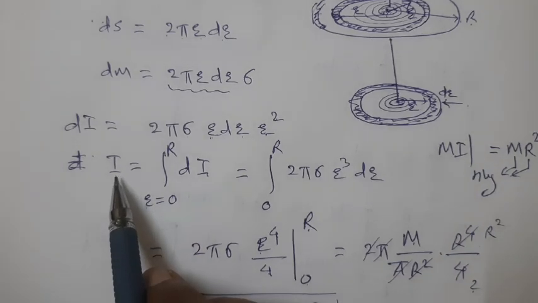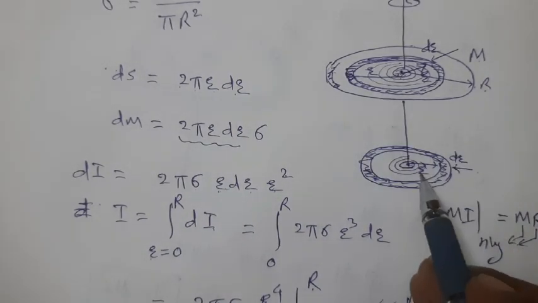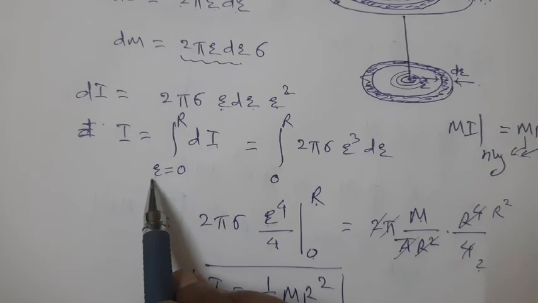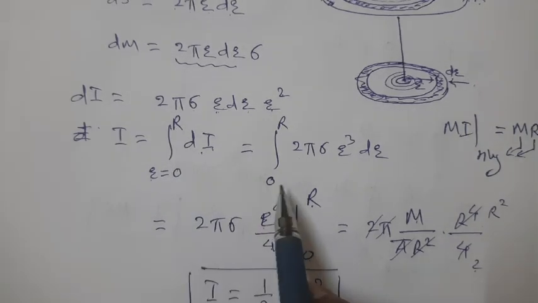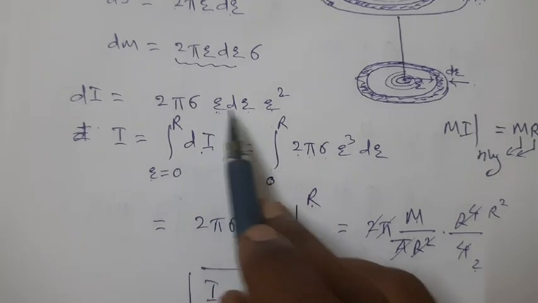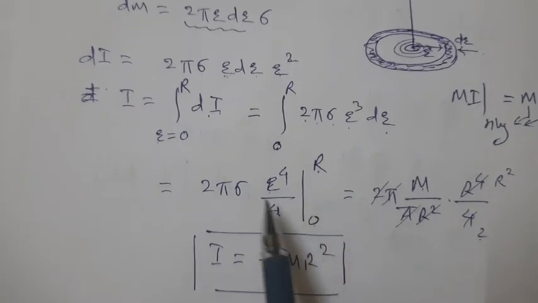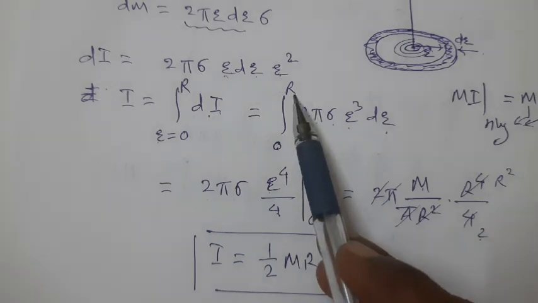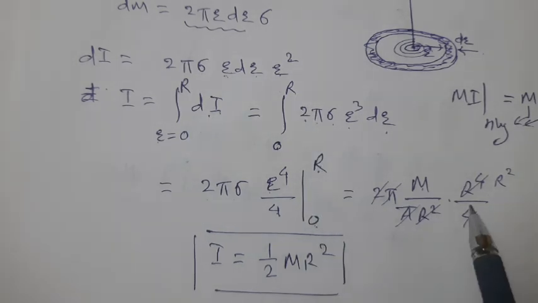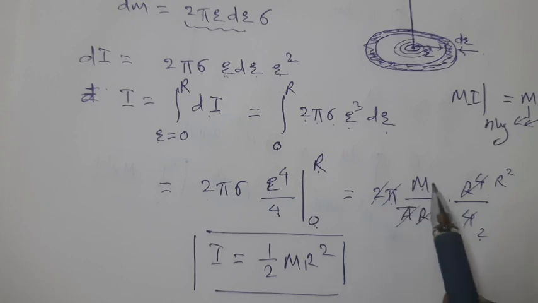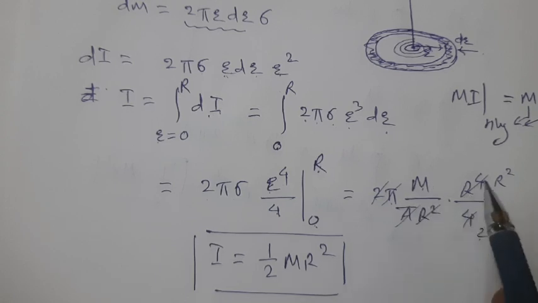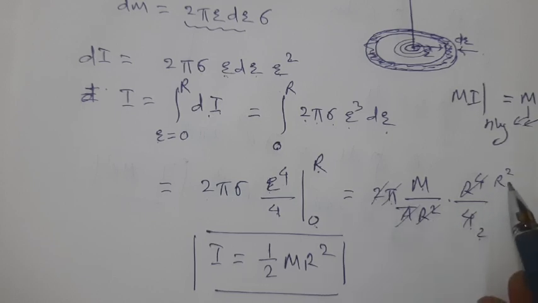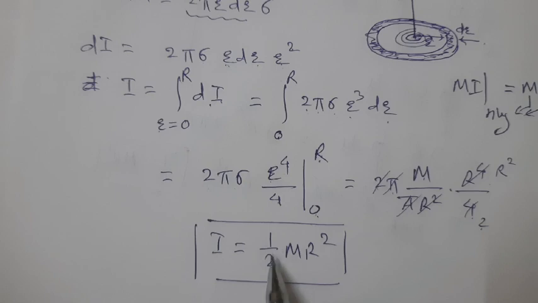To find the moment of inertia of an entire disk, I will have to consider such rings from radius 0 to capital R. Therefore, I am integrating over r from 0 to capital R of dI, that is, 0 to R of 2 pi sigma r, and r square will make r cube dr. Now 2 pi sigma is constant, the integration of r cube is r raised to 4 upon 4, the upper limit is capital R, there is no need to substitute the lower limit, hence I can write 2 pi, instead of sigma it is m upon pi R square, then r raised to 4 upon 4, pi gets cancelled, 2 and 2 are 4, R square gets cancelled, R square remains, and the final expression is half mR square.